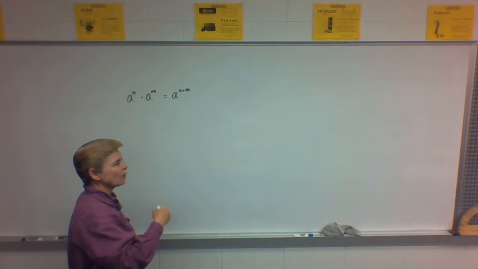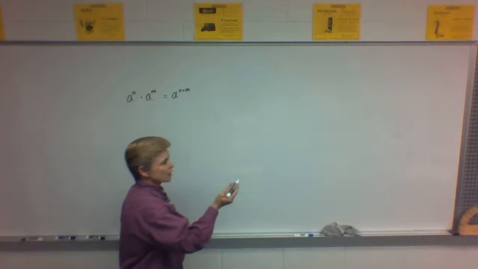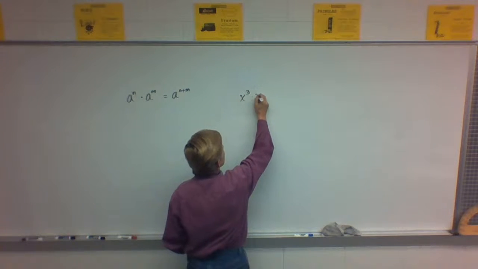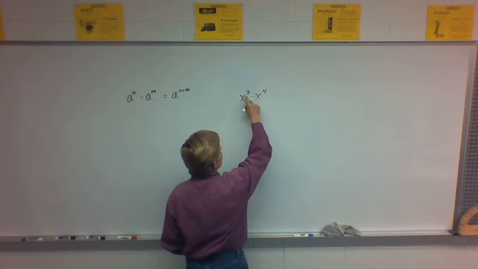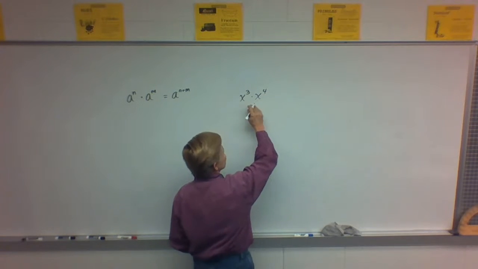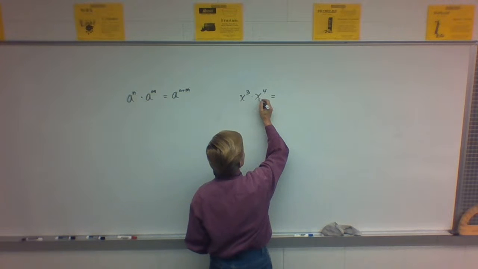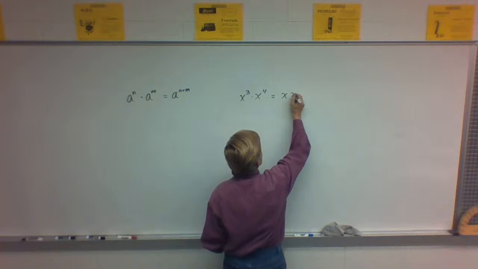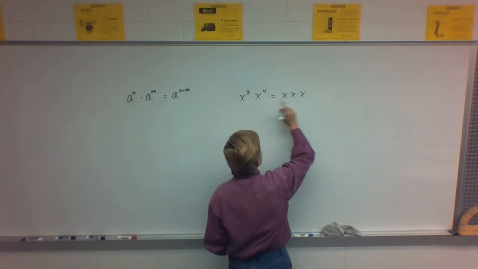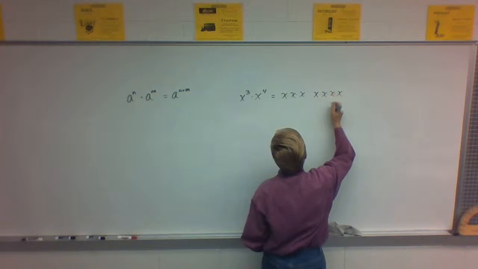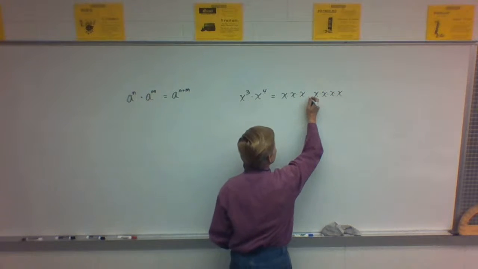You should be able to recall that this is the case if you take an example. For example, if I take x to the 3rd times x to the 4th, bases are the same, exponents are different. I'm claiming that that's going to be x to the 7th. Well, if you remind yourself what this means, it's x times x times x. That's the x cubed. The x to the 4th is x times x times x times x. And look what's in between them.